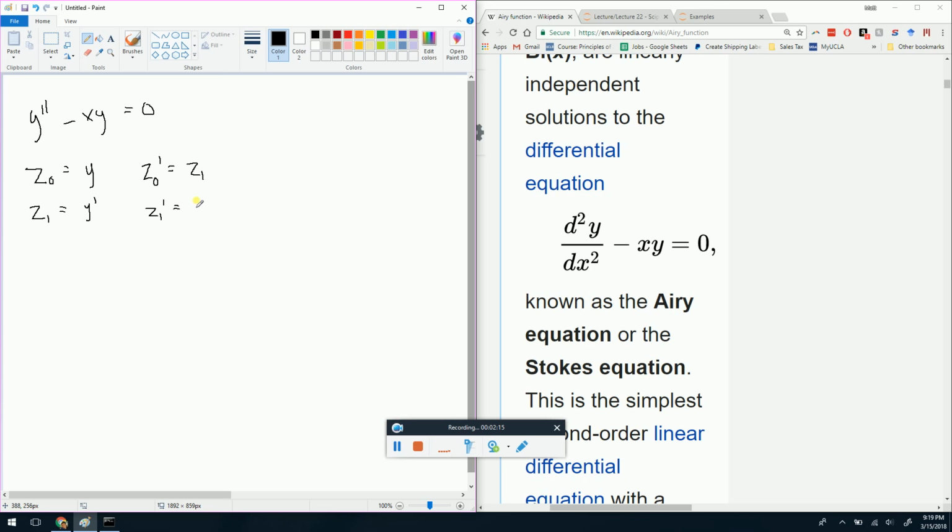So we write x, that's fine, and we would write y here, but we can't. We have to write z0. So we have to express it just in terms of the independent variable and our new variable z.